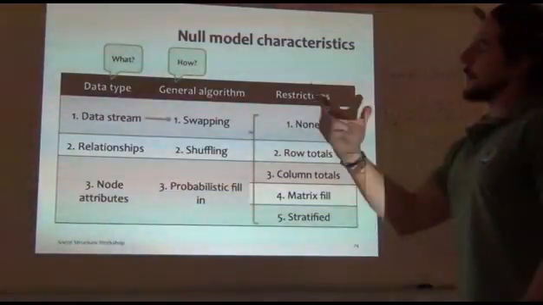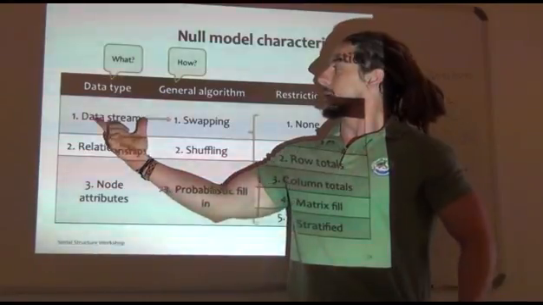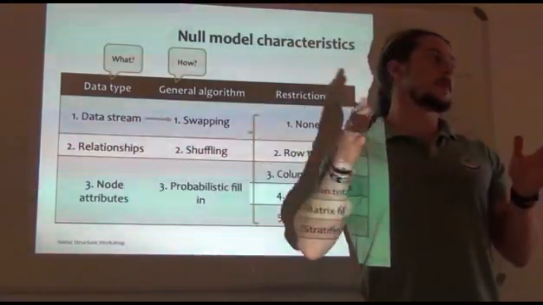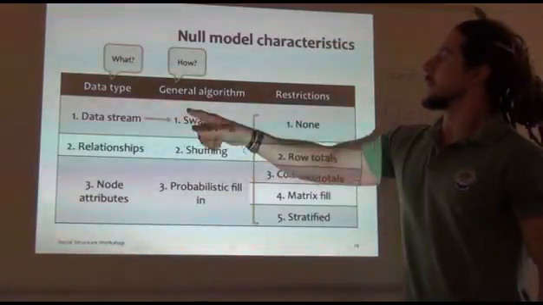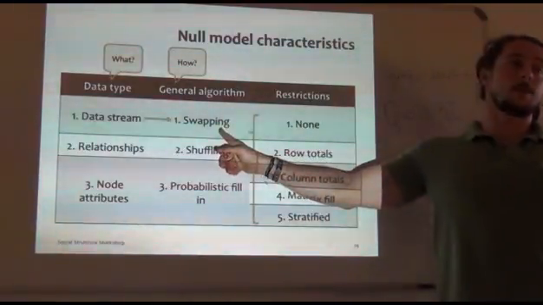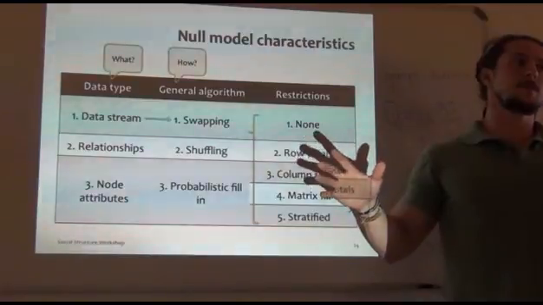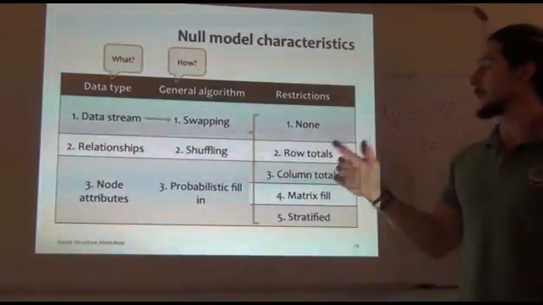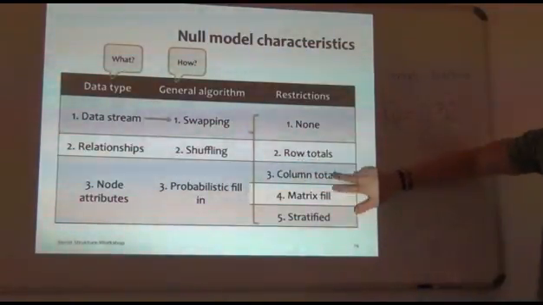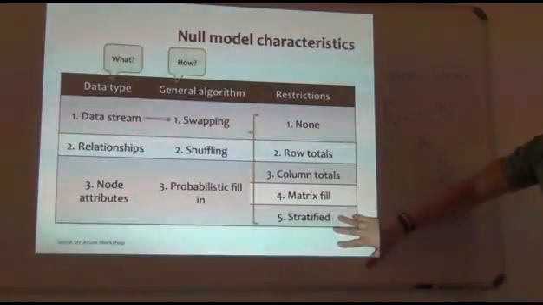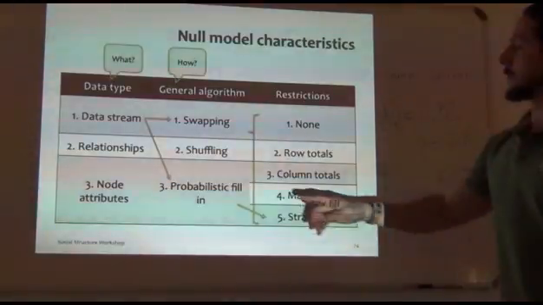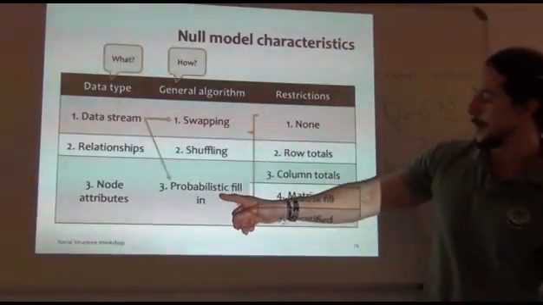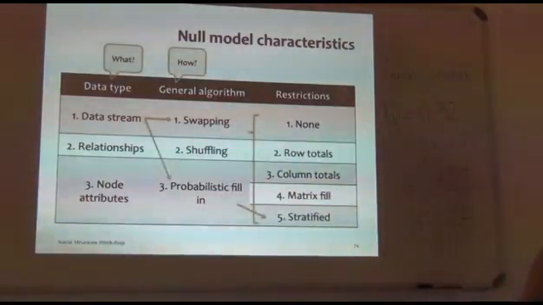So if we're going to use the data stream, the real data, groups into individuals, so that binary matrix, usually we're going to use the swapping algorithm, pretty much the same thing that we saw yesterday with the permutations. And we can restrict or not all of these things. We can also use a probabilistic filling algorithm.